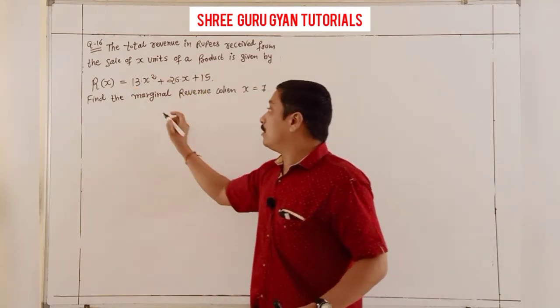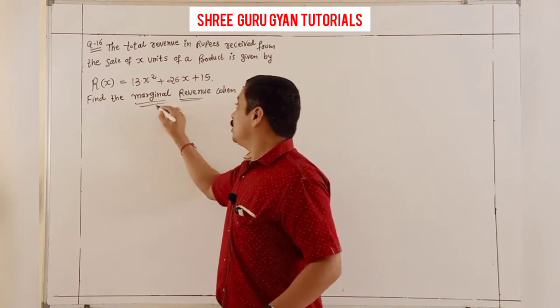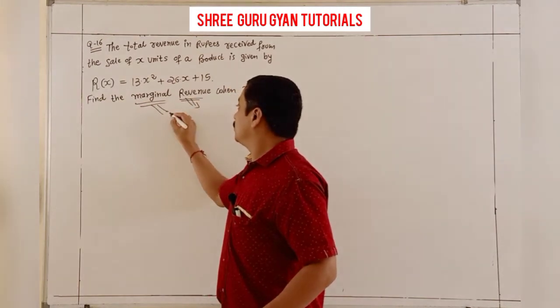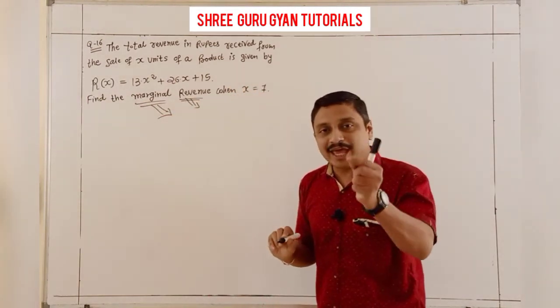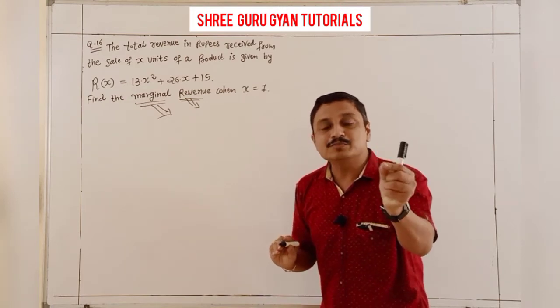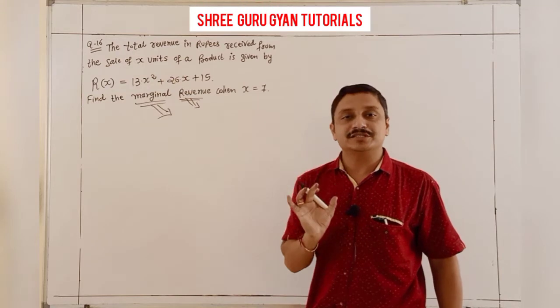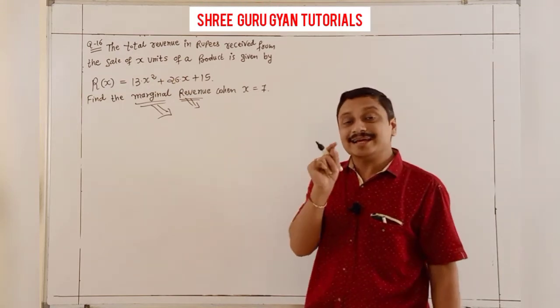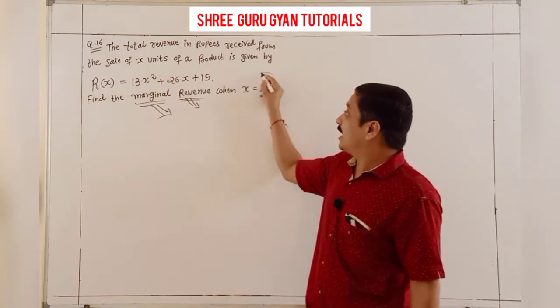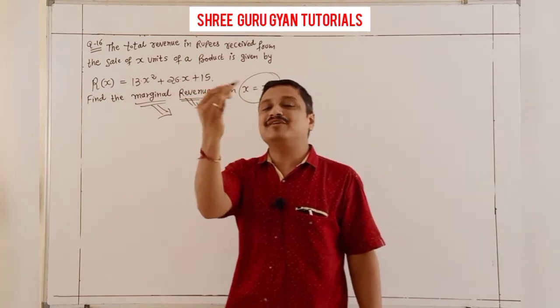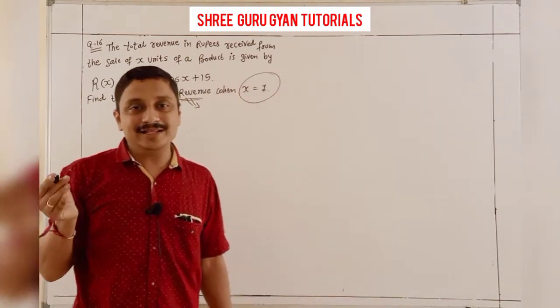Find the marginal revenue. Marginal revenue means you take the derivative with respect to x of the given revenue equation, and when x is equal to 7 units, at that place 7 I put down after the derivative and we get the answer.